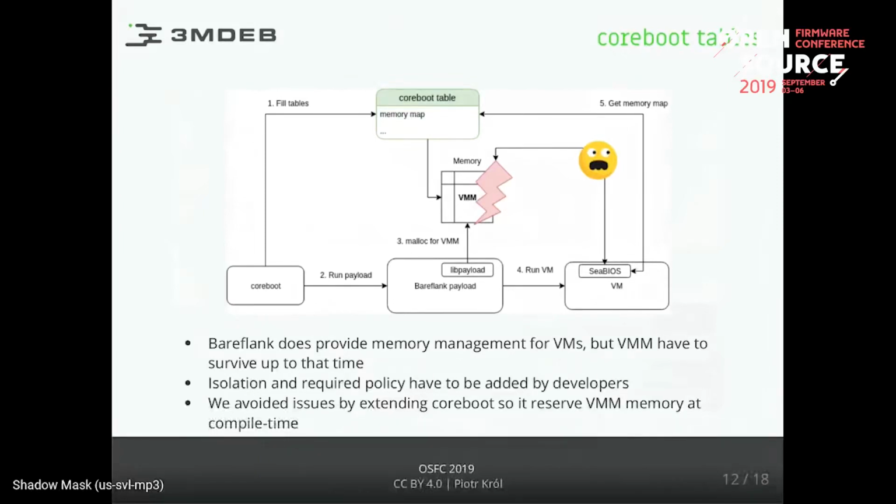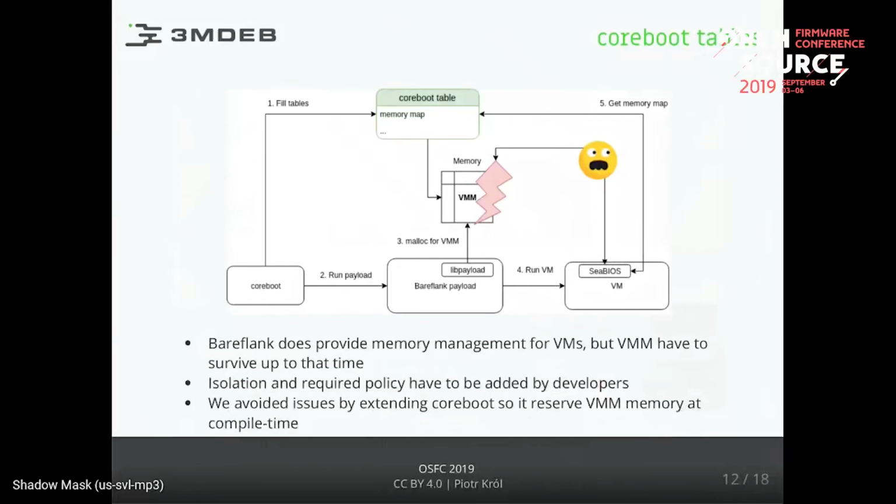And if then CBIOS, and of course libpayload, do not modify coreboot tables to indicate that that memory was allocated, then when we jump to the virtual machine and try to use CBIOS, which of course uses coreboot tables, we can have a problem because that memory can be already corrupted.